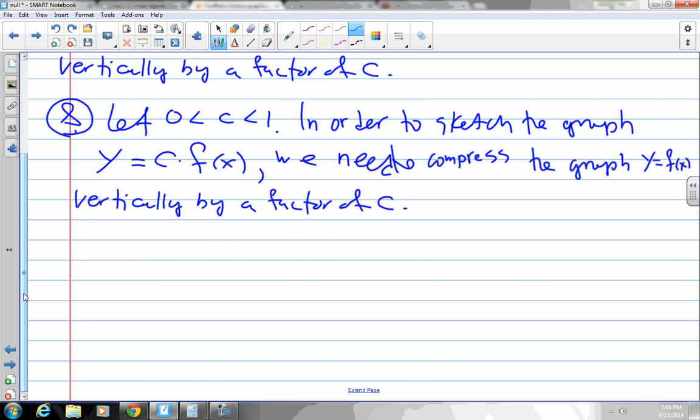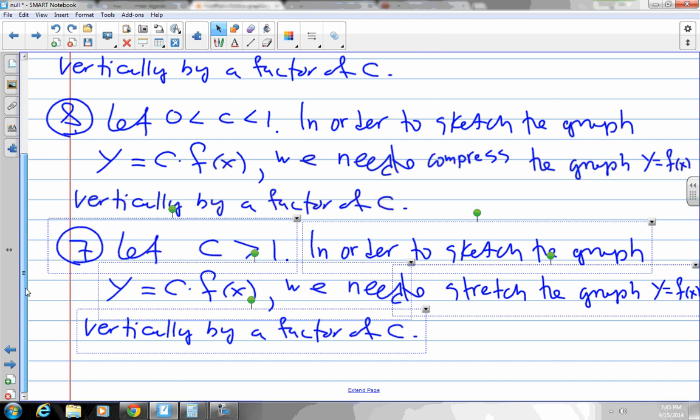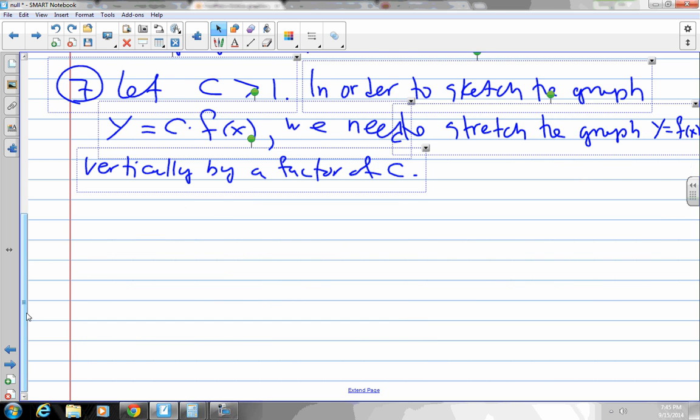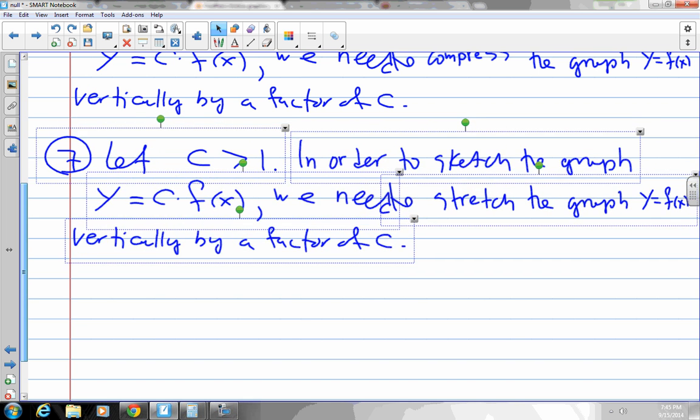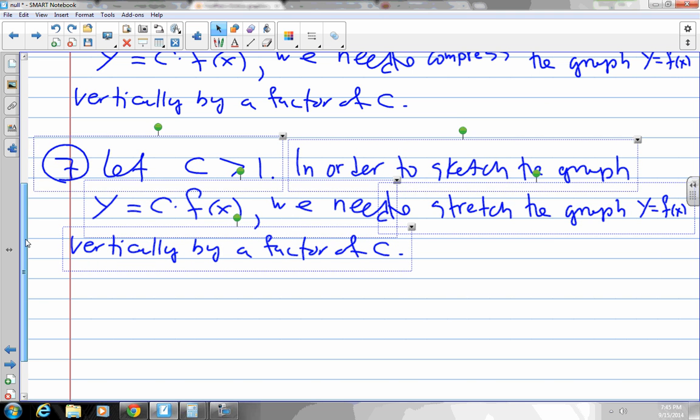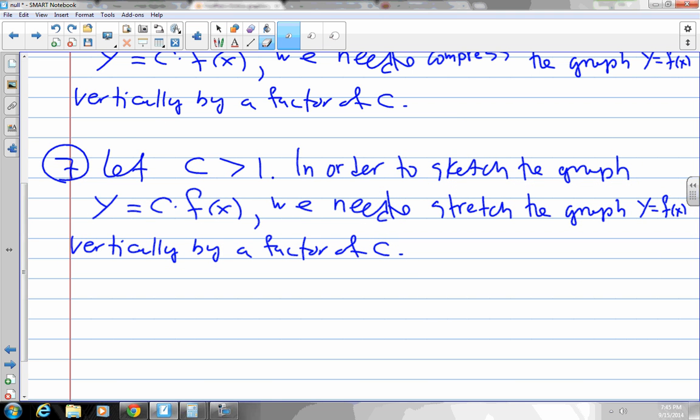Now, the last two, so you probably know what I'm going to say already. So we're going to change 7 to a 9.